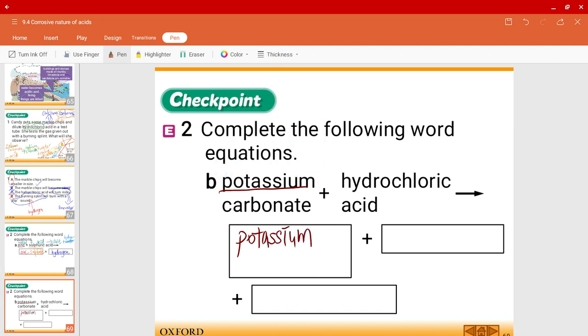And then you get the first name of the acid, which is hydrochloric? No, you have to change it, remember, to chloride. So potassium chloride plus water. And what do you get? Yes, carbon dioxide.